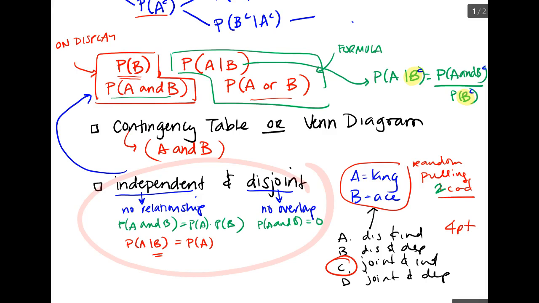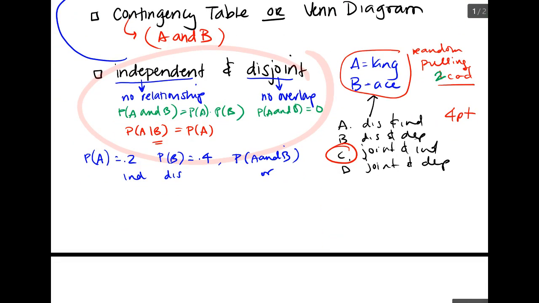The other question is the one you saw in the Kahoot, the last 4 questions, with every possibility. If I tell you that the probability of A is equal to 0.2 and the probability of B is equal to 0.4, I can ask you for and, or for or, and I could tell you they're independent or disjoint. Right there, I could tell you what those 4 answer choices are.